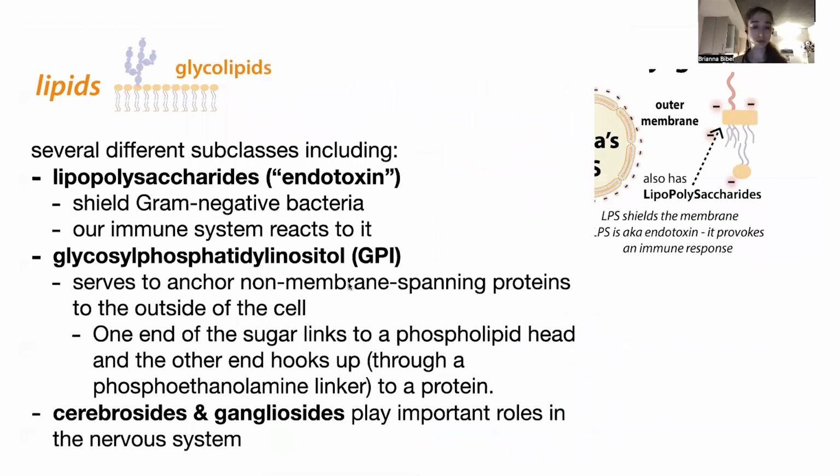This is a linkage that is very helpful. Here you have the protein, the sugar, and the lipid all acting together, so pretty cool teamwork. There are also cerebrosides and gangliosides, which play important roles in the nervous system, and problems with processing and making them can cause various medical conditions. I don't really know much about these, so I'm not going to go there.